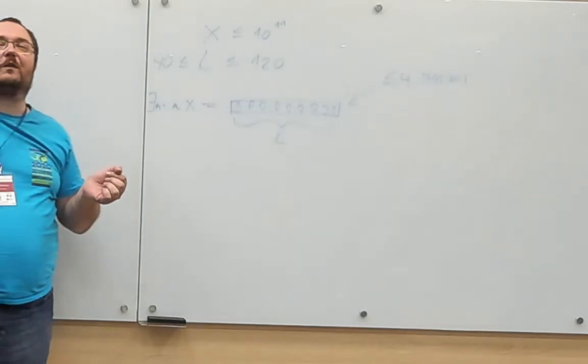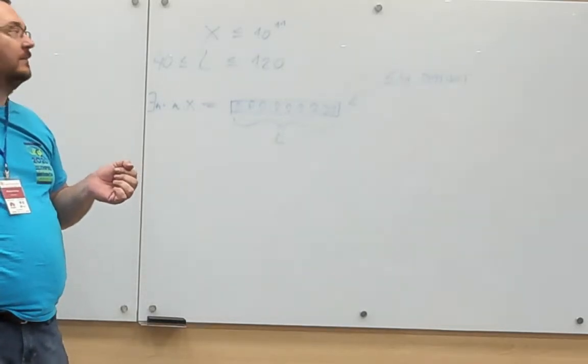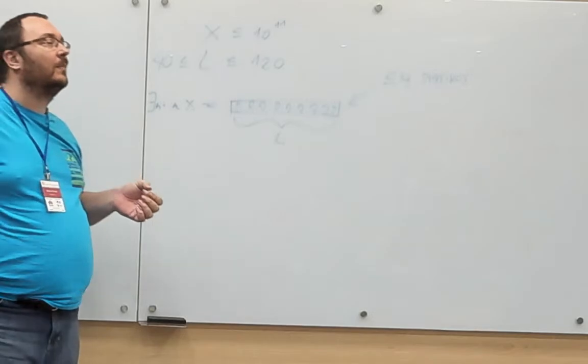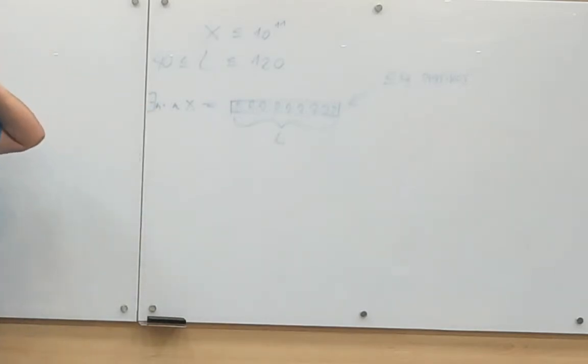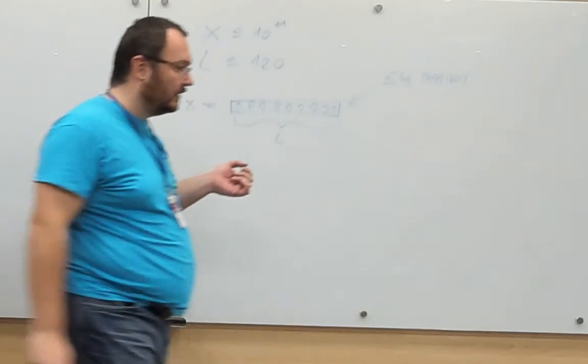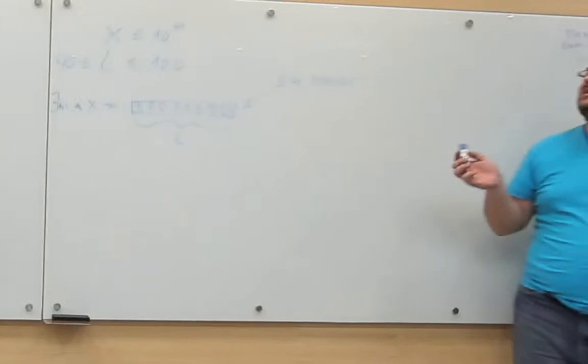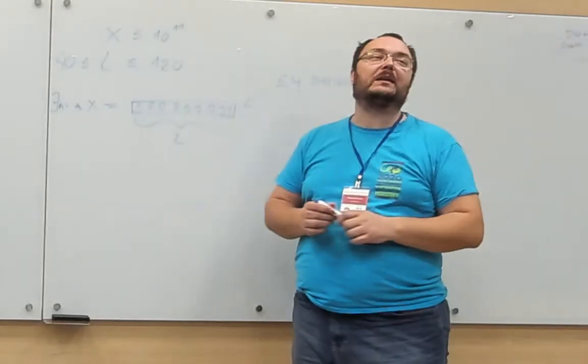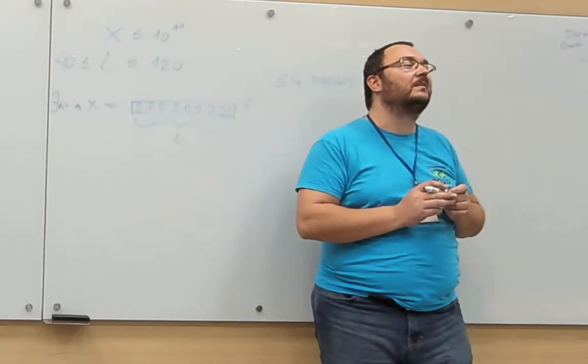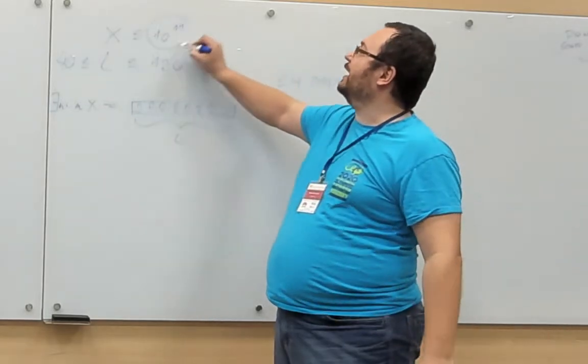So how do you solve a task like this one? And the key observation to solving this task is, well, you can get a general idea from this particular constraint.